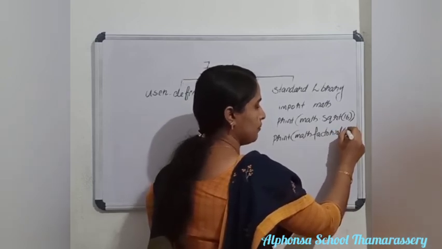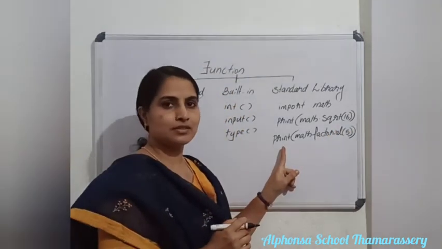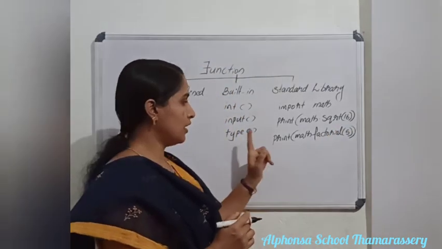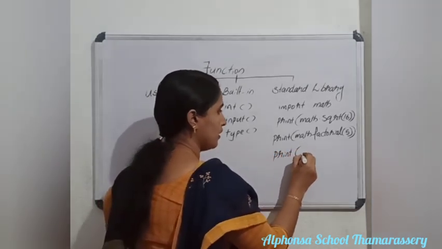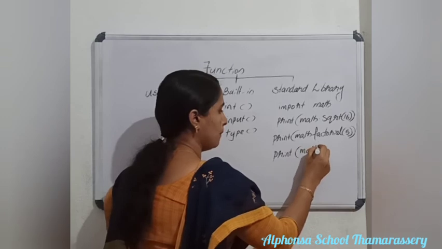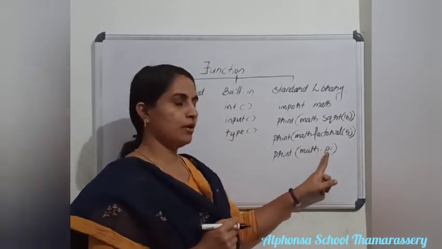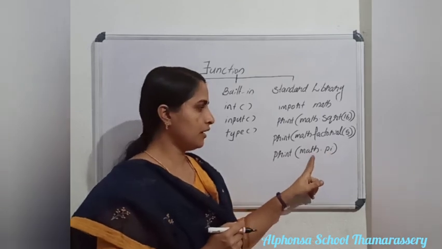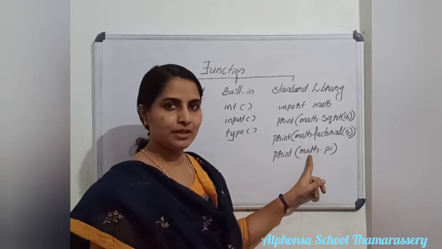If I give factorial of 5, it will find the factorial of 5 and return the result there. Then you can print the value of pi using the math module. So print math.pi will print the value of pi, which is a variable stored inside the math library. I hope it is clear.